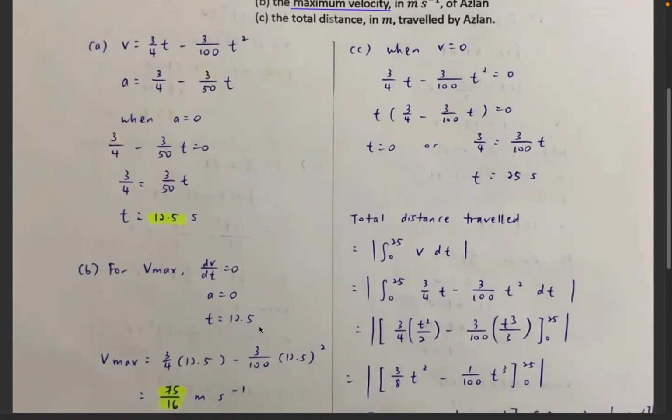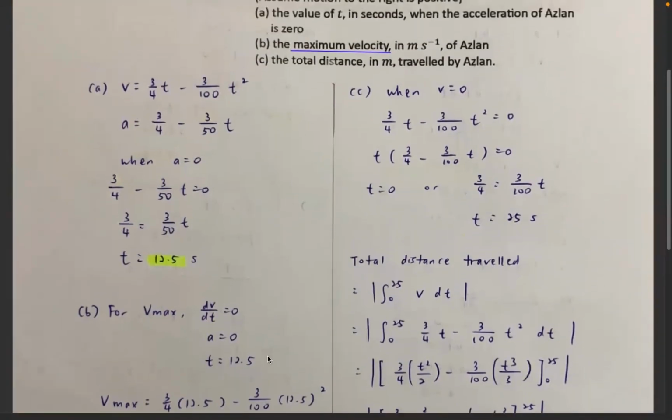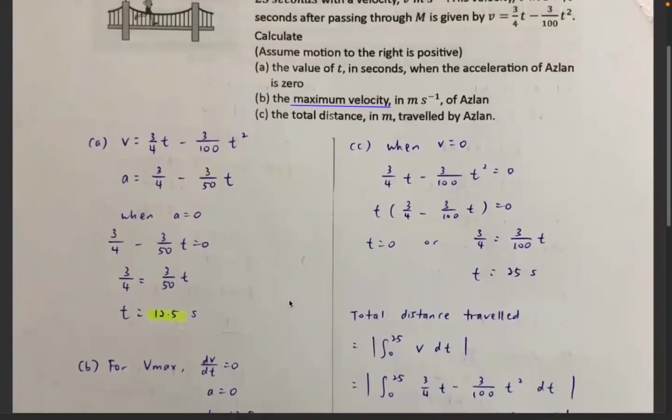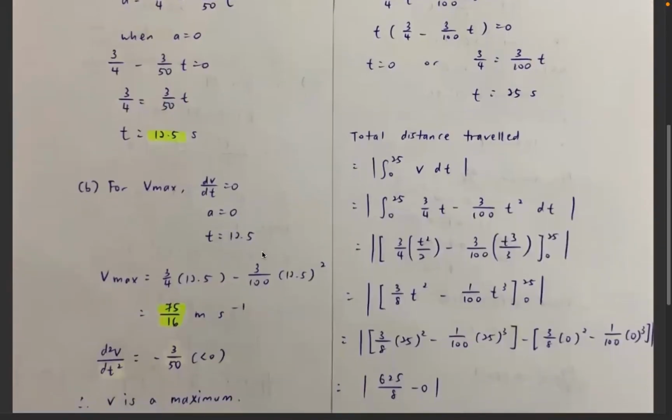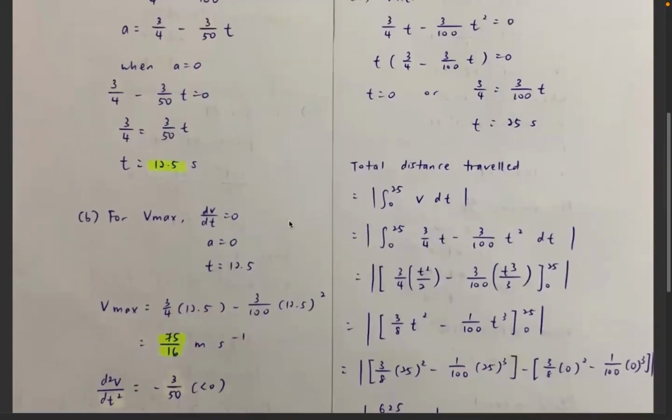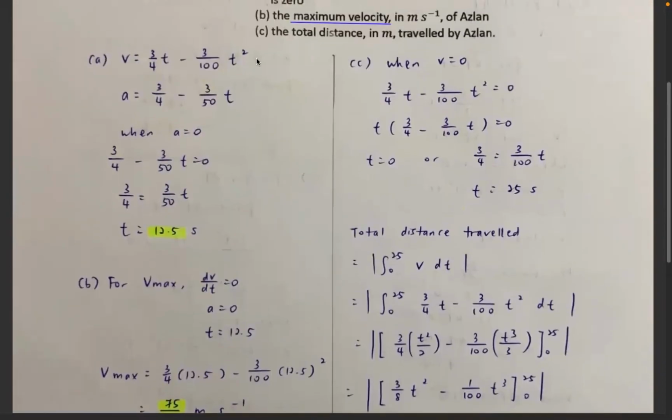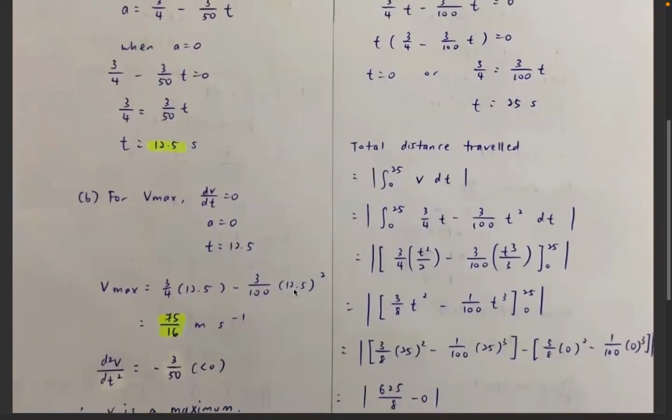The meaning of t equals 12.5 is that it is the time at which the velocity is maximum. So when we want to find the value of maximum velocity, we have to substitute t equals 12.5 back into the velocity function. Then we have the answer, maximum velocity 75/16 meters per second.